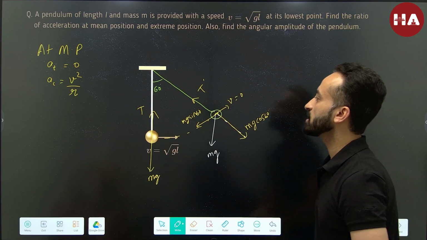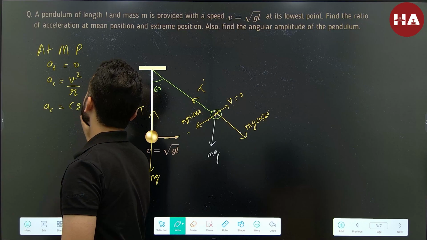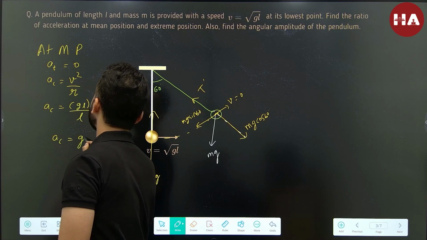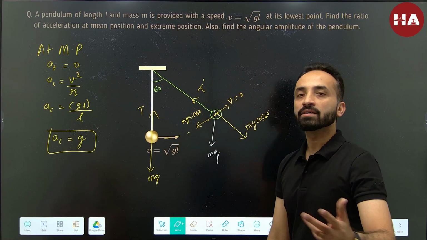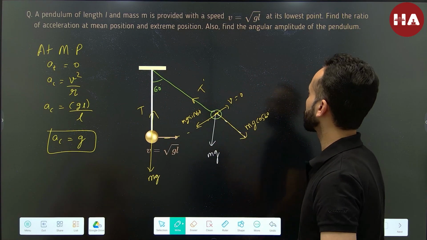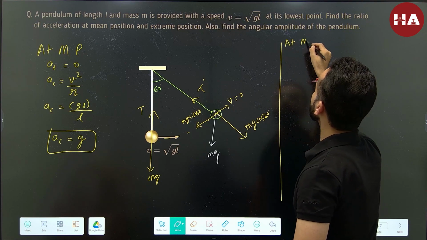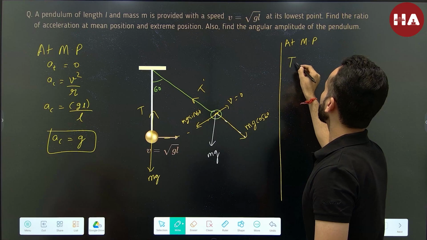Centripetal acceleration is v square by r, and since v square is gl, divided by l, the centripetal acceleration is g. The centripetal acceleration is g at the mean position. Also at the mean position you can calculate the tension. How? Net force towards the center.